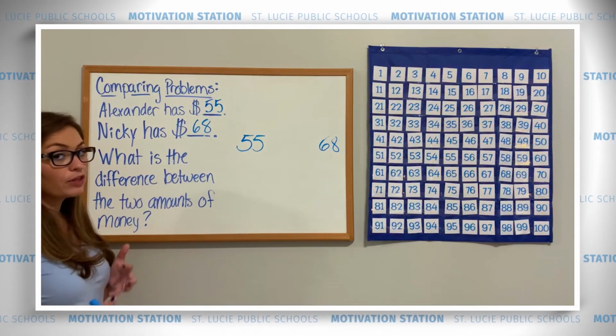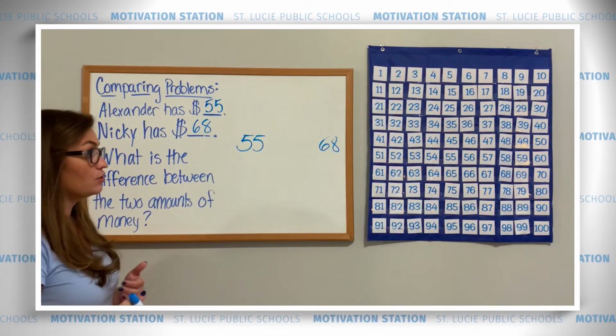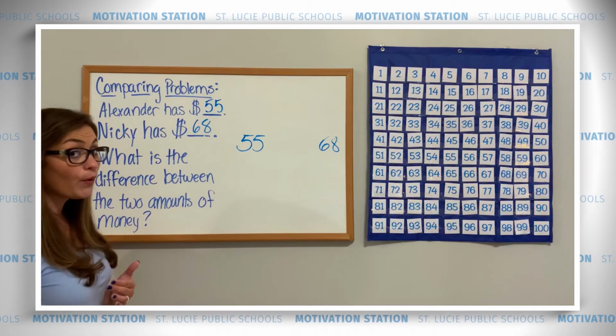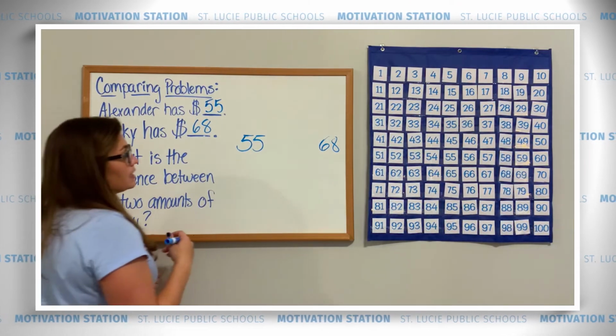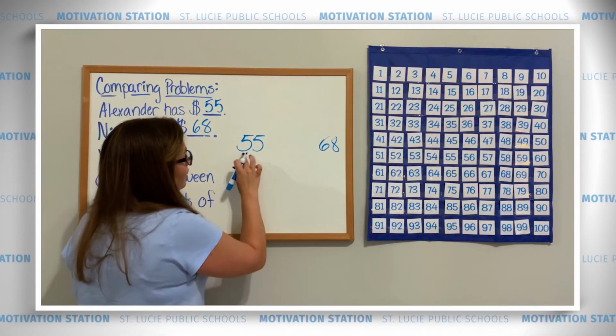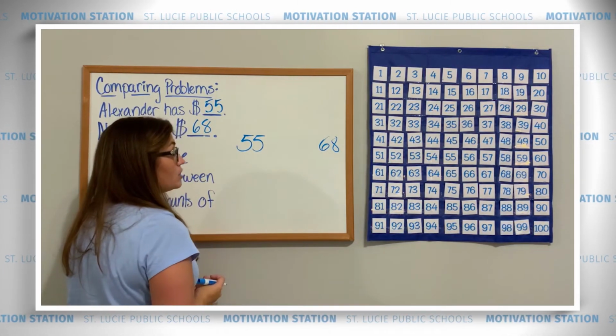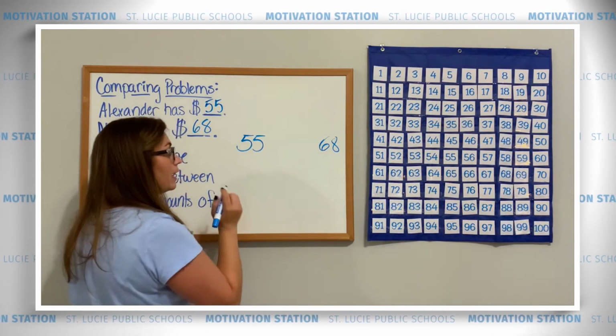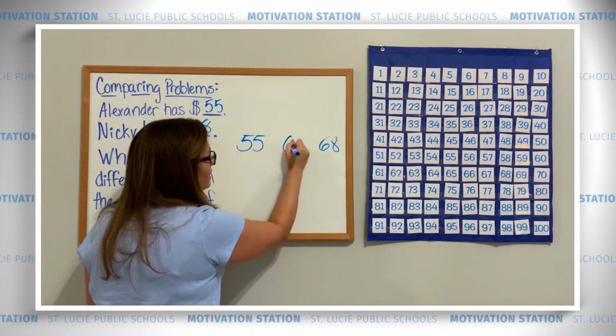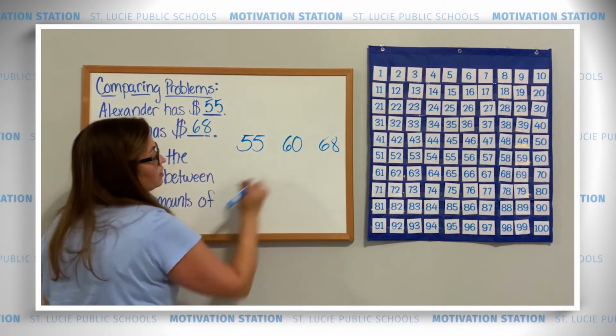Now, remember with comparing problems, we can solve this two ways, with addition or subtraction. Let's take a look at it with addition. 55. I need to get to 68. That's going to be a really big jump. Maybe I want to do that in two jumps. I know that 60 is between the two.